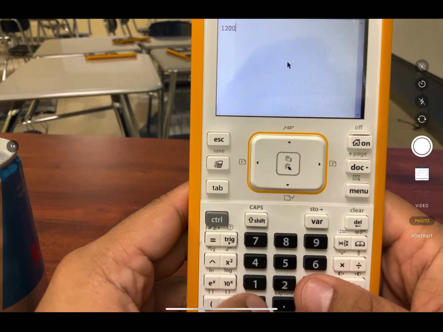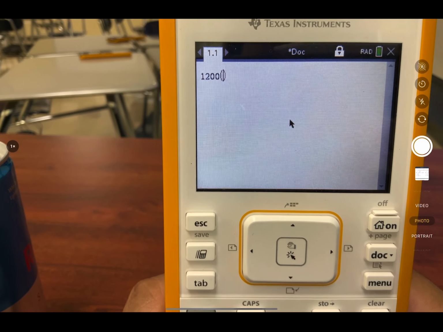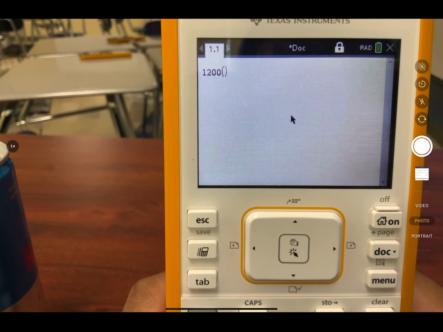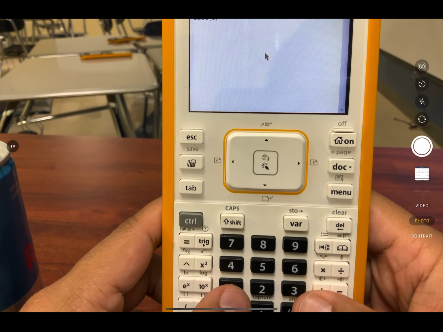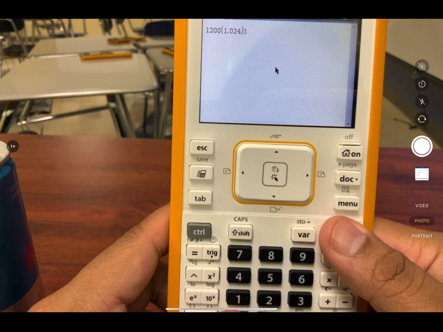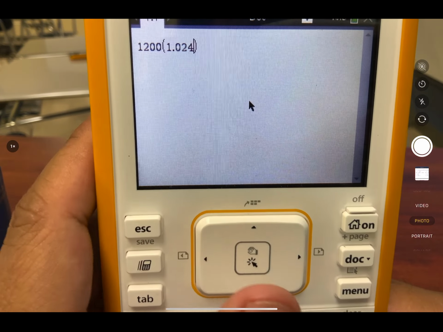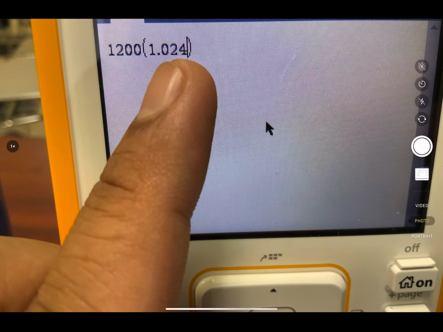1,200, parentheses. I usually use parentheses because sometimes it's needed, sometimes it's not. It's better just to use it all the time. So 1,200 times 1 plus 0.024, which is 1.024, raised to the power of 30 days. Notice what I just did. I plugged in 1.024 in the parentheses, but the cursor is not outside.